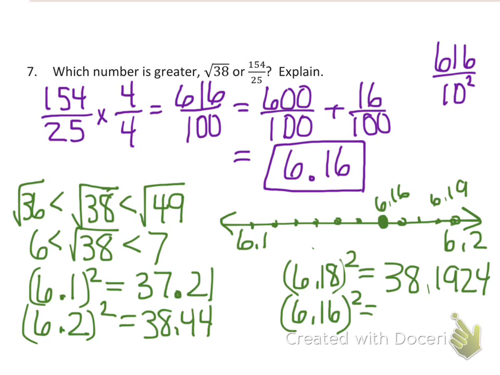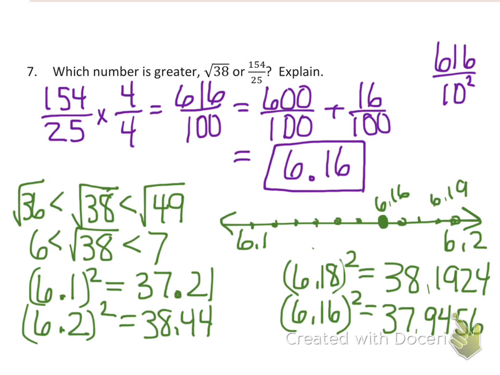So 6.16 squared is 37.9456. Okay, so now I know that 6.16 squared is less than 38.